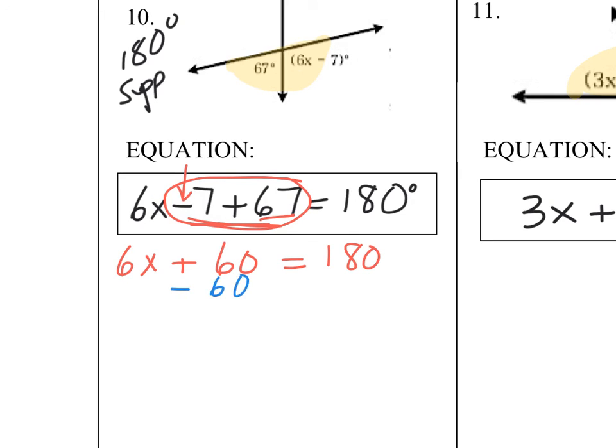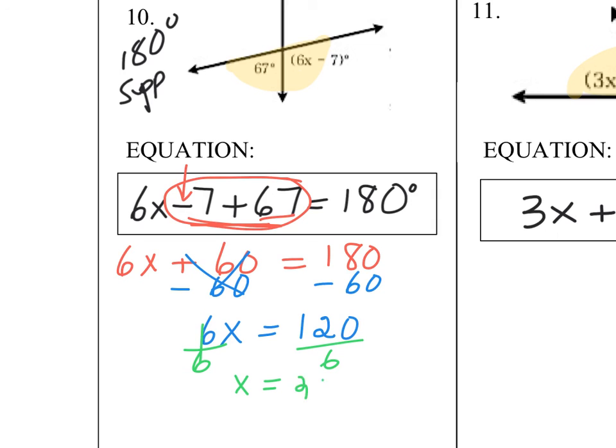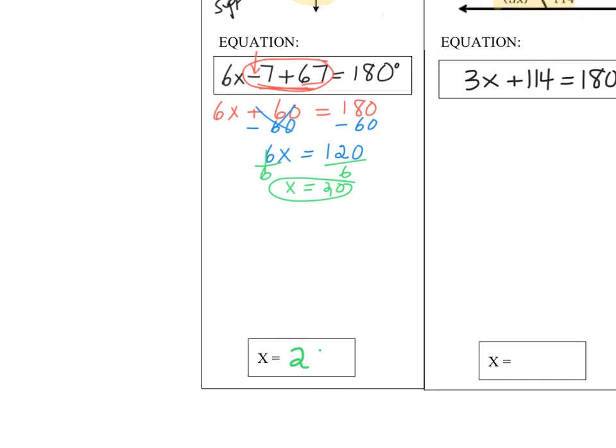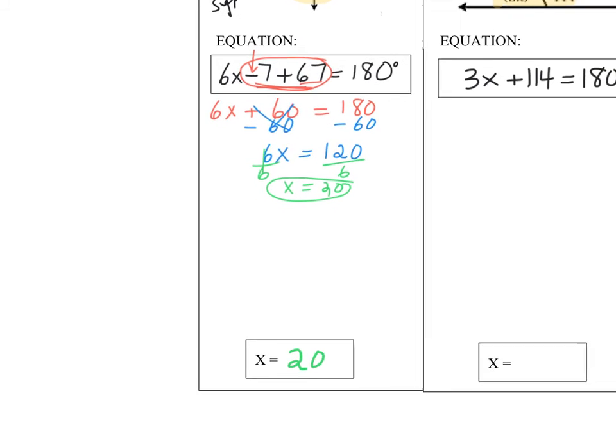Subtract 60 on both sides. 6x equals 120. Divide by 6 on both sides. That's 20. So x equals 20. Okay, so let's finish the rest of this.